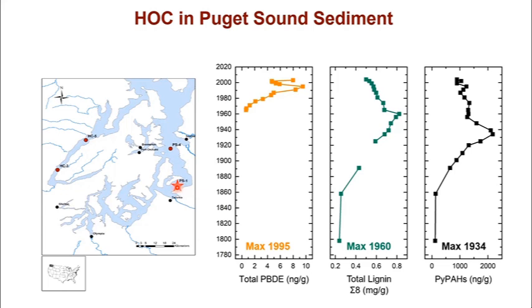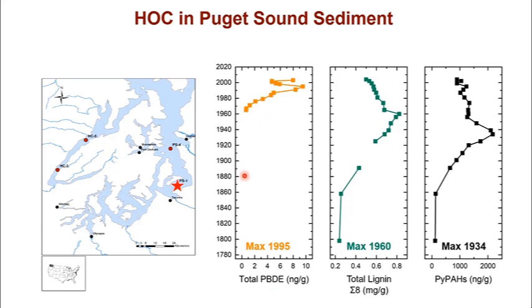There was background information collected at this core that is somehow related to halogenated organic compounds. For example, total PBDE, polybrominated diphenyl ether, which is one of the flame retardants that older people will sometimes see in their home's furniture to prevent fires.